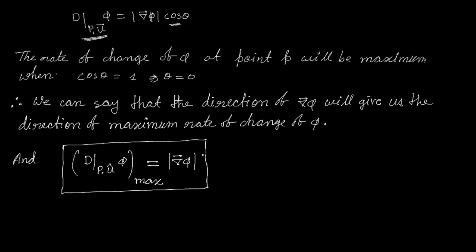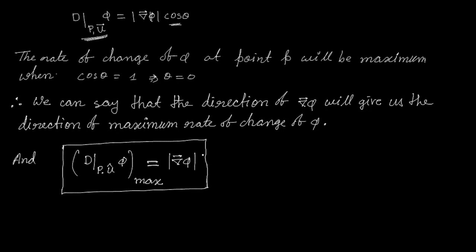So these are two physical interpretations of grad phi. First of all, grad phi will give a vector quantity, and if phi is a level surface of any scalar function, then grad phi will be perpendicular to the level surface.